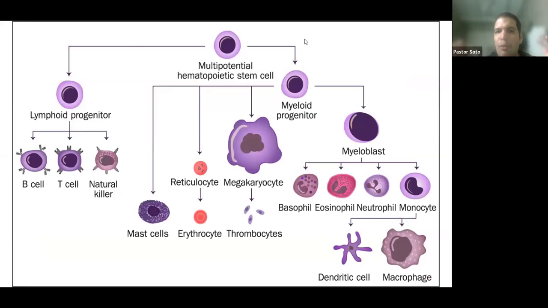Also, one thing that I wanted to show you is that we have different cells in our body, but we have a common ancestor, which is basically a cell that can become anything. But as it starts to develop, it will activate and deactivate genes.